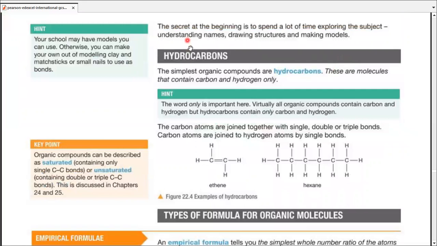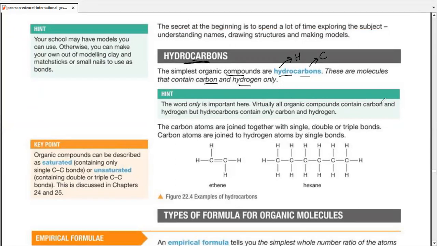In organic chemistry, we will mostly be handling hydrocarbons. Hydrocarbons are the simplest of organic compounds. As the name suggests, they are known as hydrocarbons because they are made up of hydrogen and carbon only. Just two elements from the periodic table. And you will be amazed how we can rearrange these two elements into billions of different compounds. The word only is important here.